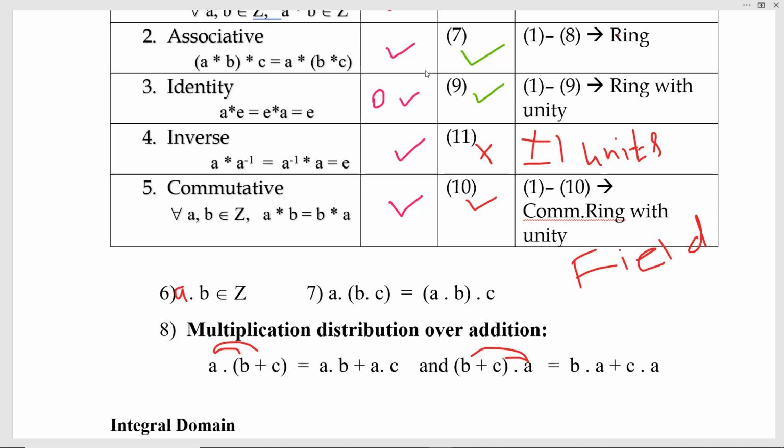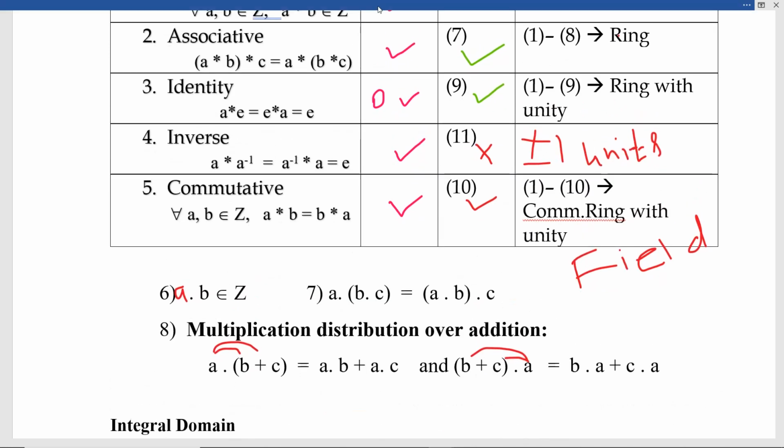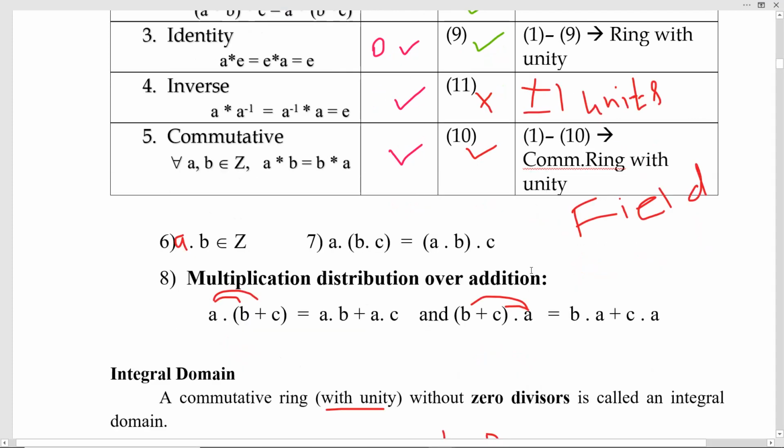A commutative ring with unity and also no zero divisors, where every non-zero element has an inverse, is called a field. Understand, so a field is nothing but: under addition the group is abelian, and under multiplication the non-zero elements form an abelian group. So that's all, that is called a field, and also without zero divisors, that is an important condition.